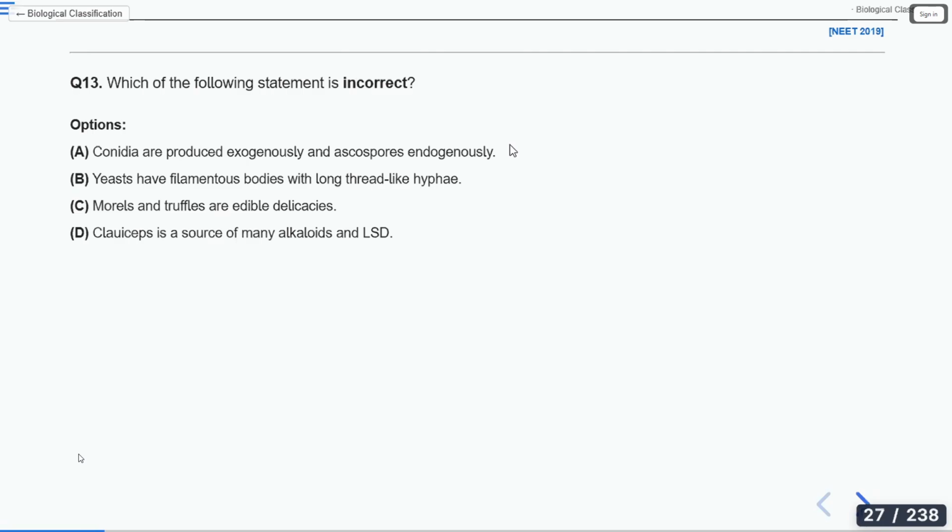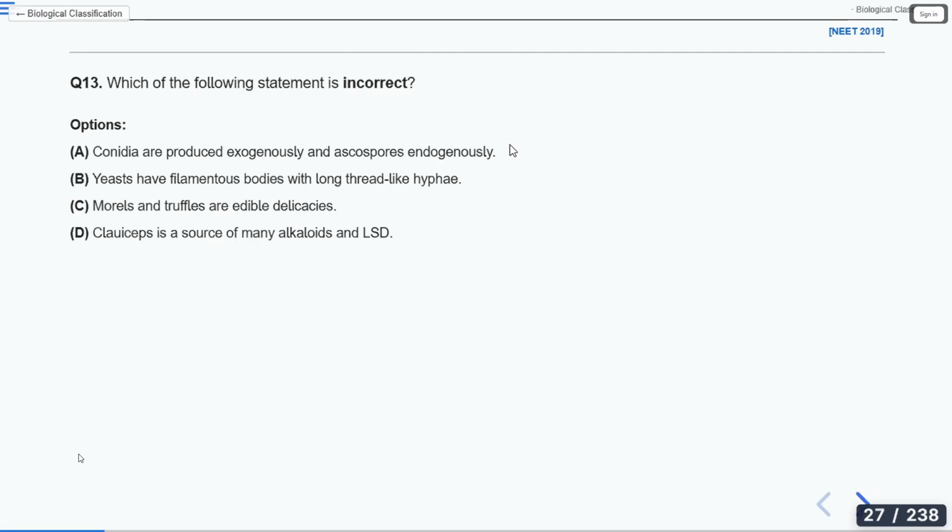Option A is correct. Conidia will be produced exogenously on the conidiophores and ascospores will be produced endogenously within a special sac-like structure called asci. So option A is also correct.